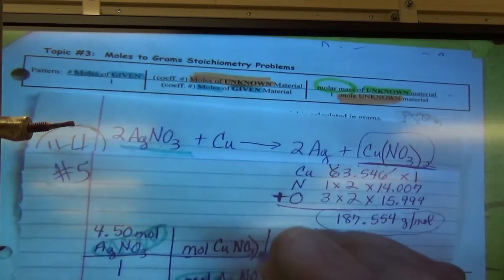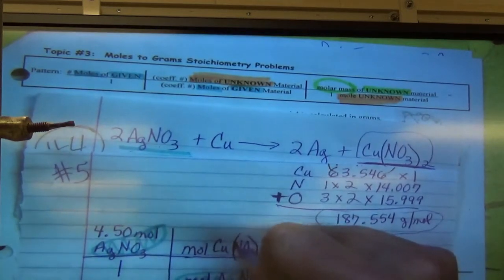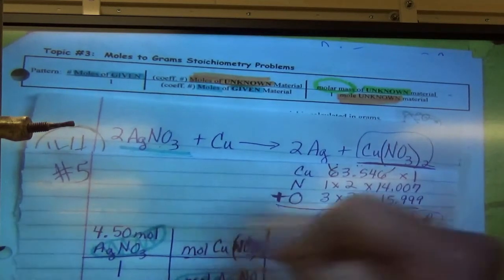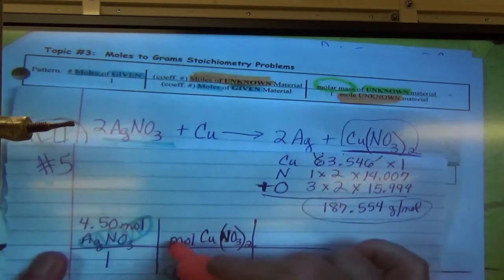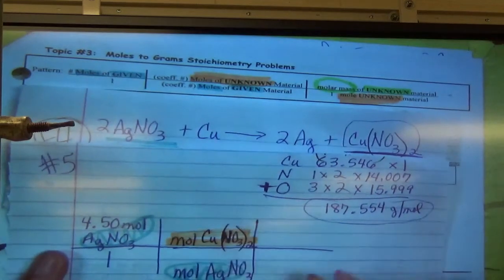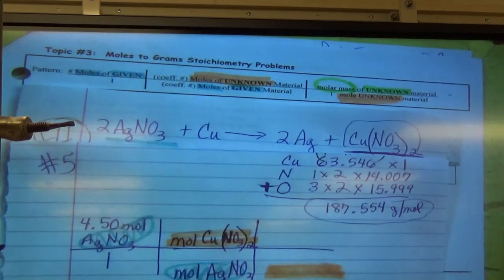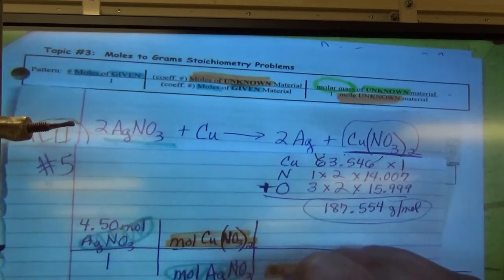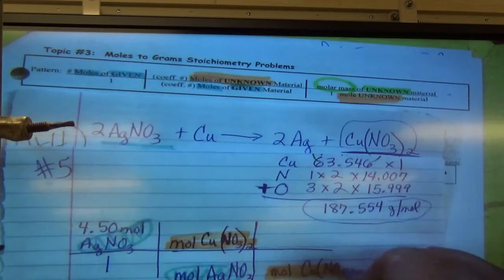Because it takes 2 nitrates to go with the copper. That is copper 2 nitrate, really. Positive 2 charge on the copper. Okay, now I'm going to continue. Remember, we do not want moles of copper nitrate in our answer, so that means we have to copy it to the bottom. So, moles of copper 2 nitrate onto the bottom.